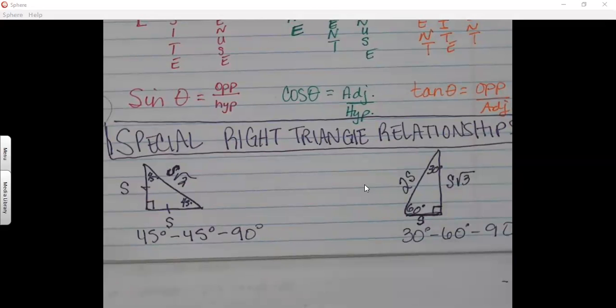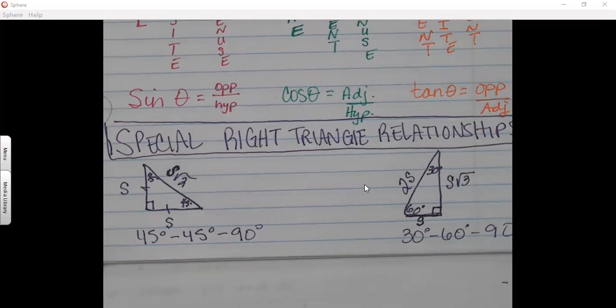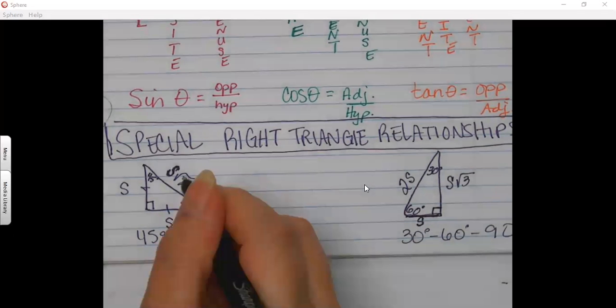So this is what I always remember. The 45, 45, 90 has two legs that are the same, and then the hypotenuse is S square root 2. On the 30, 60, 90, all 3 legs are different. So on that one, the leg across from the 60 degree is S square root 3.